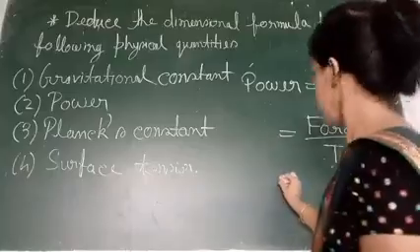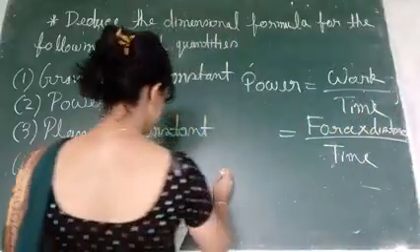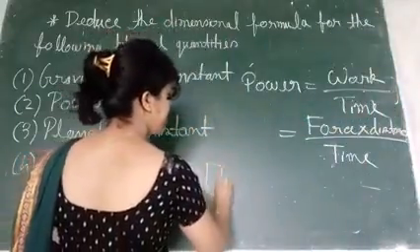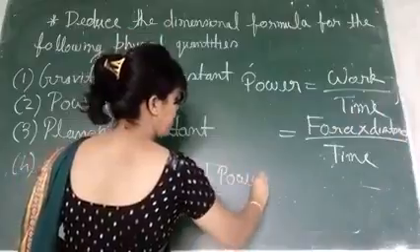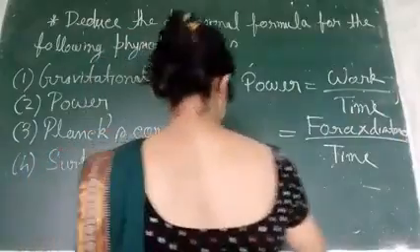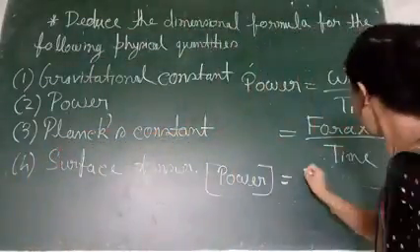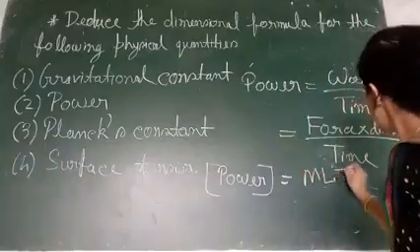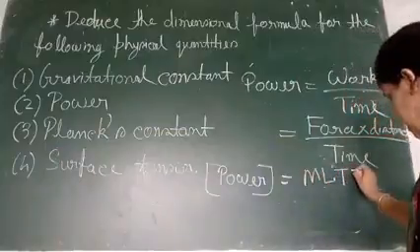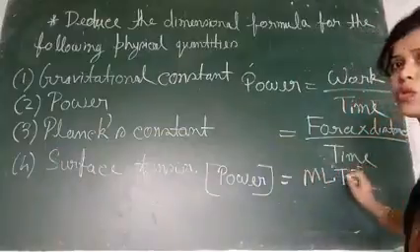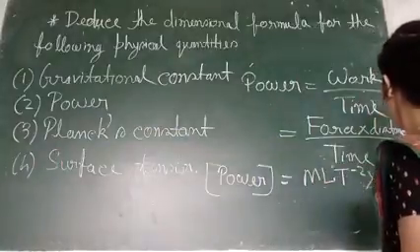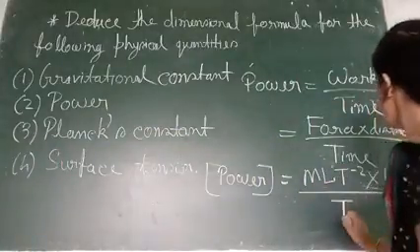So what will be the dimensional formula here? So power, dimensional formula, power is equal to, we can write in this way, M L T to the power minus 2 into L divided by time.